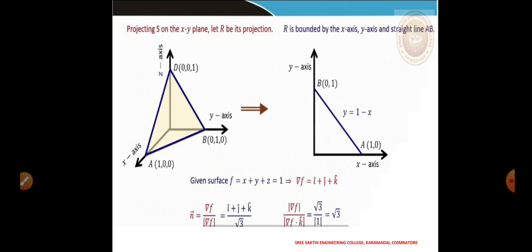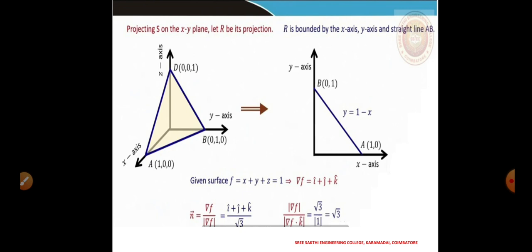And now, to verify, we project the surface, the triangle, onto one of the planes. If we take the xy plane, then we get a triangle. So in the xy plane, if you project the surface, it will be just the triangle, with the points 1 0 and 0 comma 1.